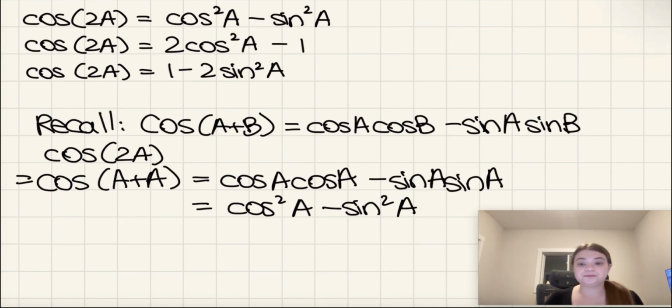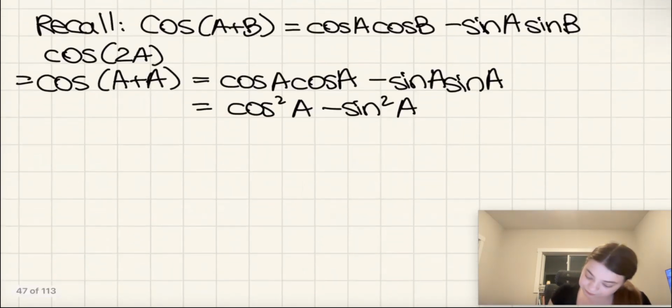And there we go. Now we also want to prove that cosine 2A is also equal to 2 cosine squared A minus 1. So we can do that by deriving this answer here.